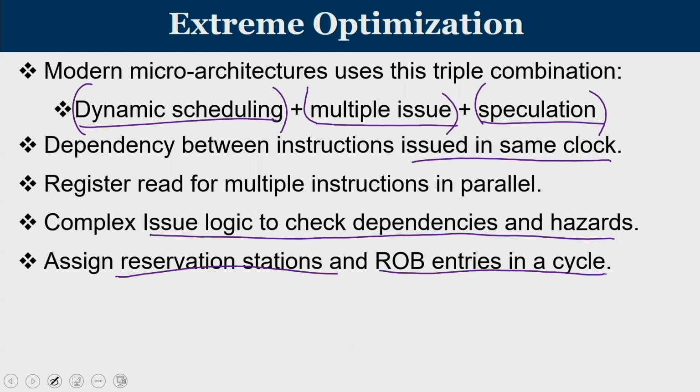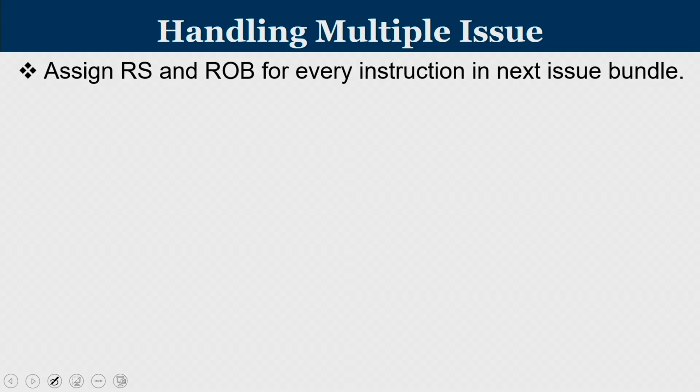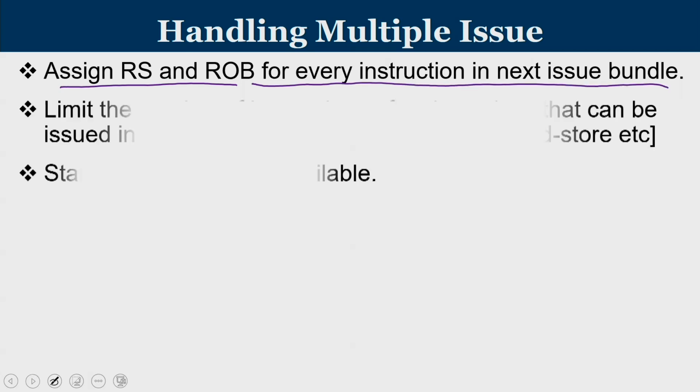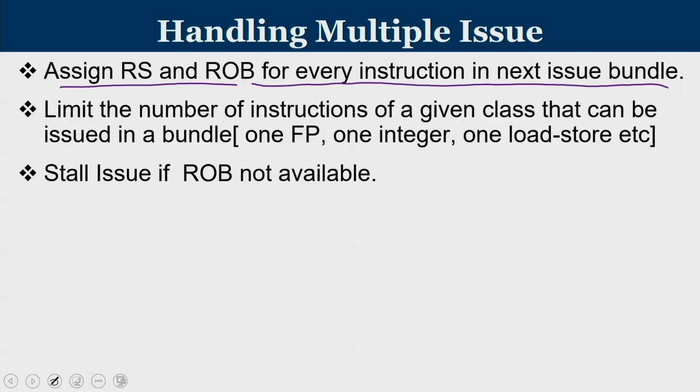So, when you issue multiple instructions, you need to check the availability of reservation stations for multiple instructions and the availability of reorder buffer entries for multiple instructions. Handling multiple issues is always a challenge. Either assign a reservation station and reorder buffer entry for every instruction that we are going to issue in the next bundle, or limit the number of instructions of a given class that can be issued in a bundle.